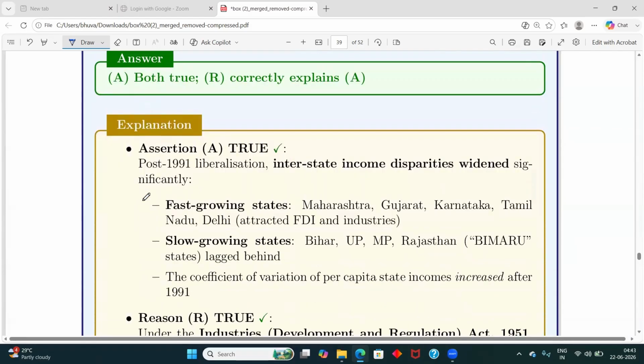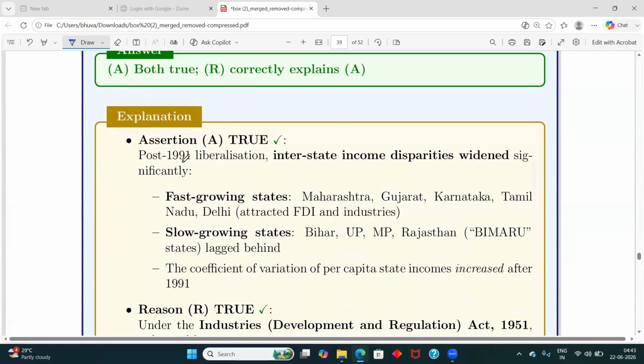So let's see. Assertion is true. Post 1991 liberalization, interstate income disparities widened significantly. Fast growing states, Maharashtra, Gujarat, Karnataka, Tamil Nadu, and Delhi, attracted foreign direct investment and industry.